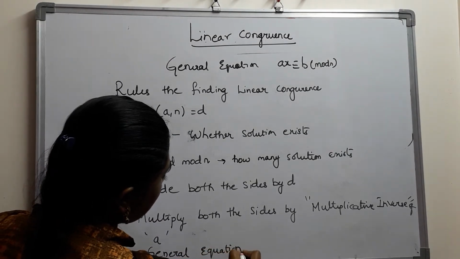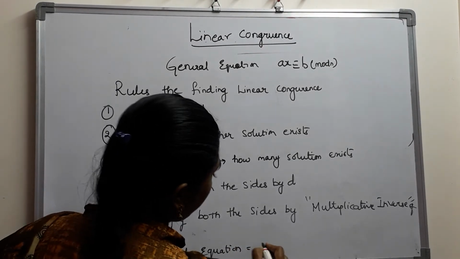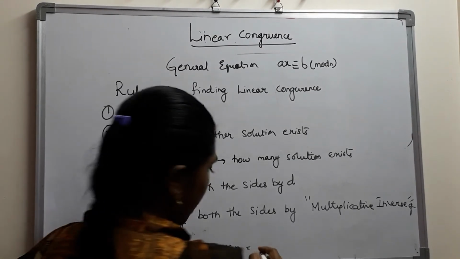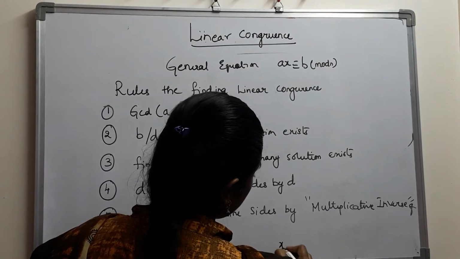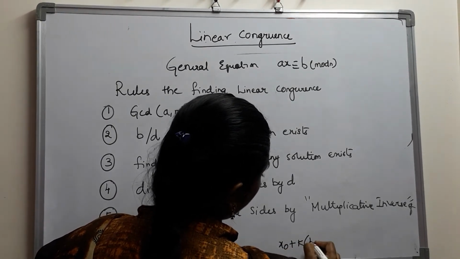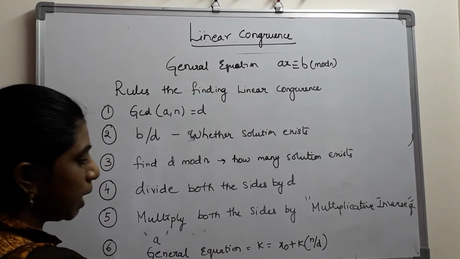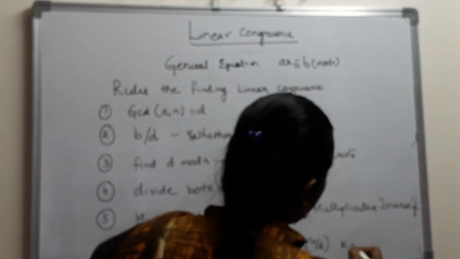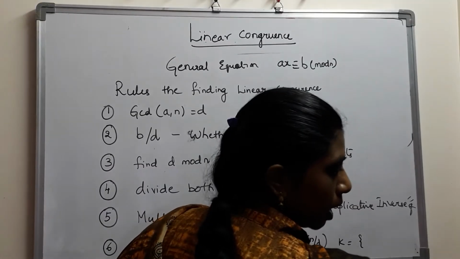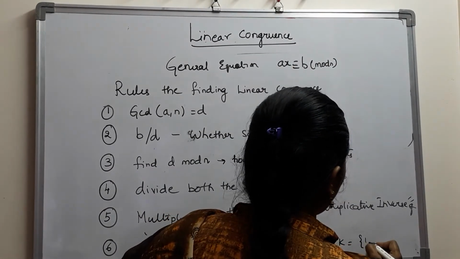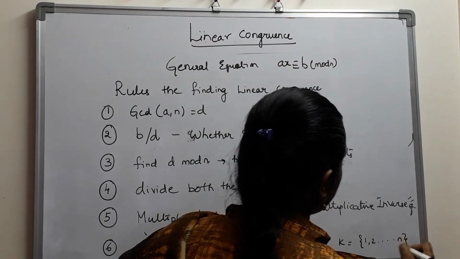The general equation is x naught plus k of n by d, where k takes the values 1, 2, and so on till n.